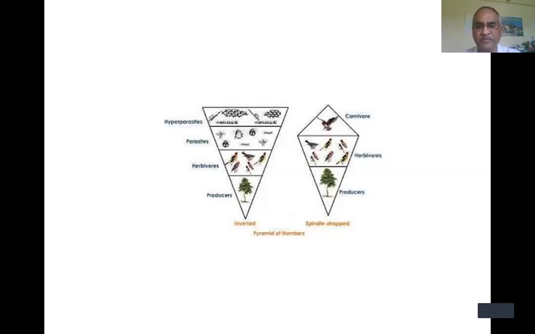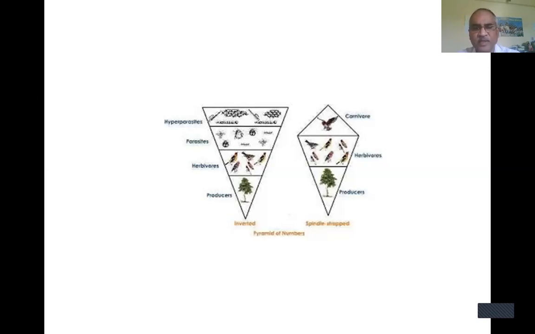So the pyramid that is on the right hand side is spindle shaped pyramid. So the bottom and the tip are narrow, and in the middle you have wider base. So this actually again you can consider a tree, and the tree is providing food for birds, and these birds are small birds.